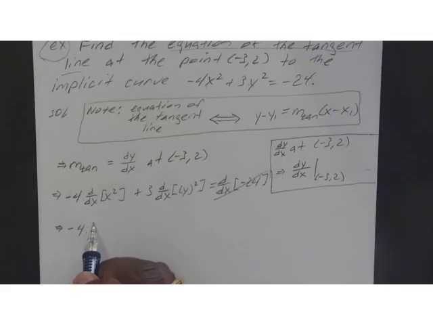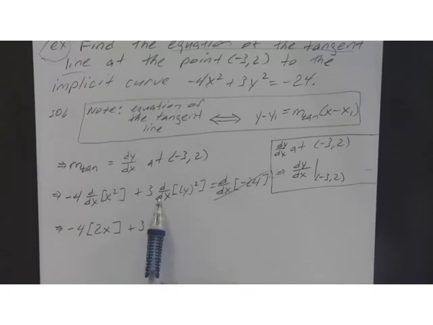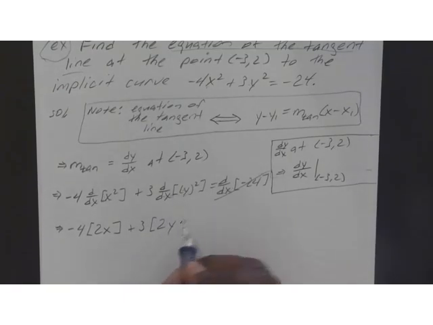So that gives us -4 times the derivative of x squared. Again, the two independent variables are the same, so we just use the power rule, which gives us 2x. Plus 3 times the derivative of y squared with respect to x. Again, the independent variables are different, so we know we're going to use the chain rule. So that's going to be 2y times the derivative of what's inside, remember, that's to the power of 2 minus 1.